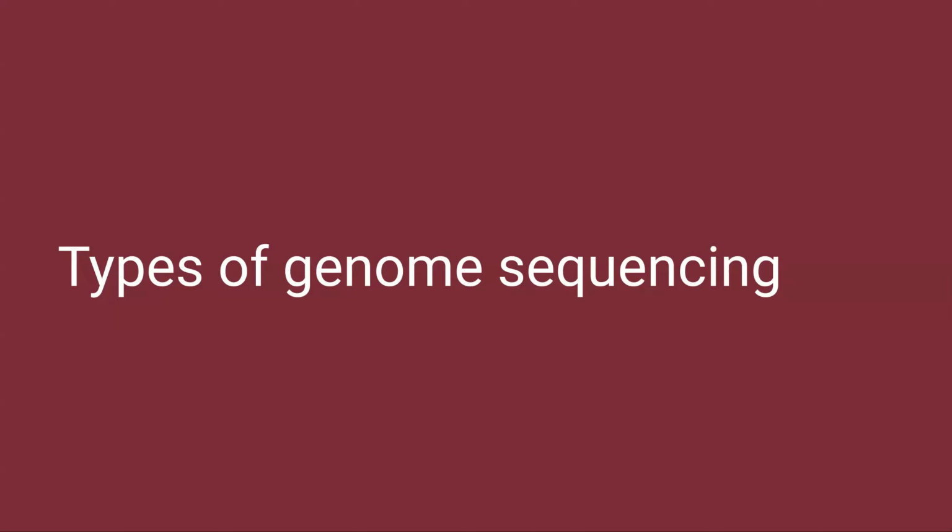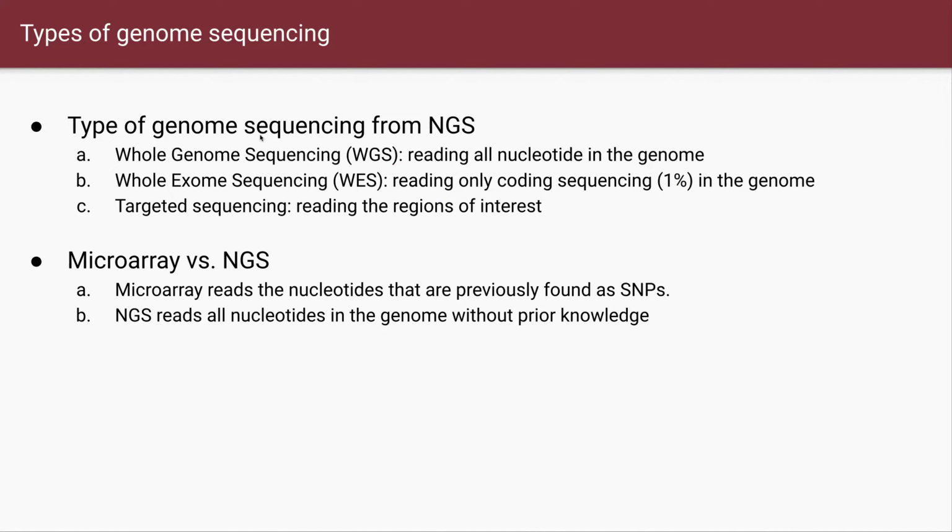And the next one, the final thing, is what are the types of different genomic sequencing, right? We can have three different types of genomic sequencing looking at the DNA sequence. I'm not talking about RNA sequencing or the epigenome; we might cover those in a later section, not this time. If you look at DNA sequencing, you can have whole genome sequencing. Literally, you look at the whole genome, all the nucleotides in the genome.